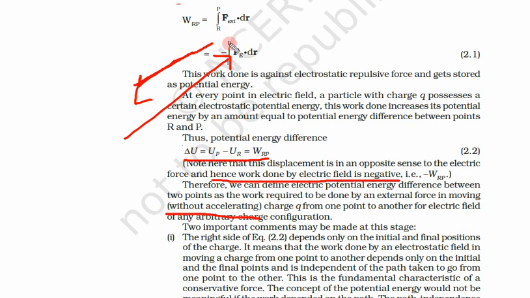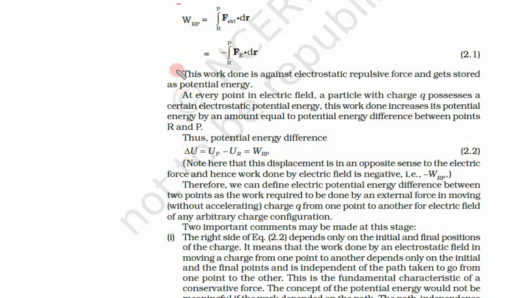So if we calculate this work done in moving any charged particle from R to P, which can be any 2 points, we will be able to calculate the potential energy stored in that particle. Again, there must be no acceleration. That means the force applied is only that much that it cancels out the effect of the electrostatic force. It should not be more than that.